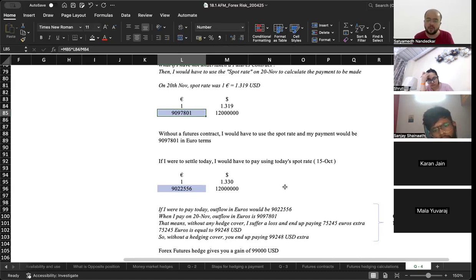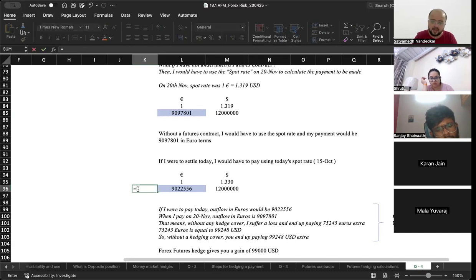That means if I have not taken some sort of foreign exchange cover, then I will end up suffering a loss of 9097801 minus 9022556.